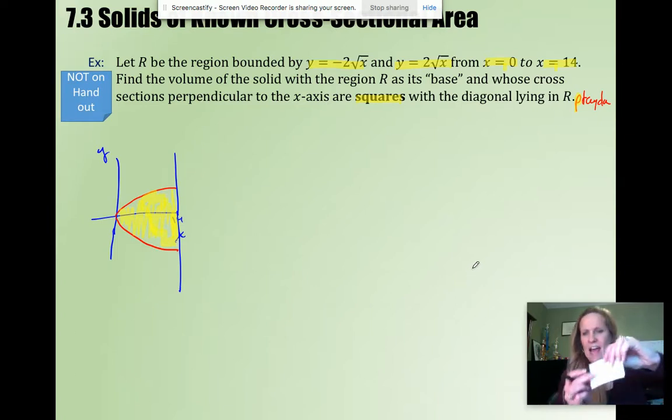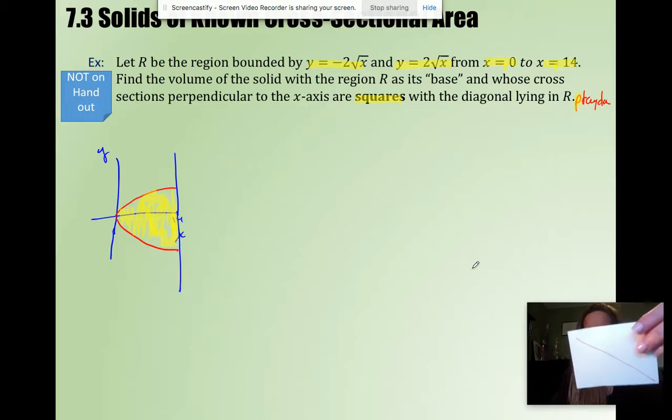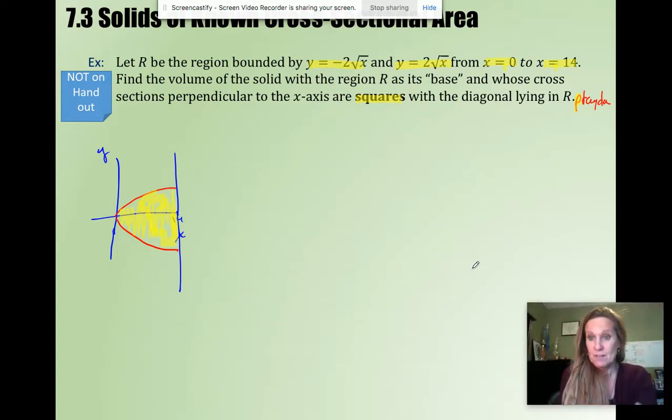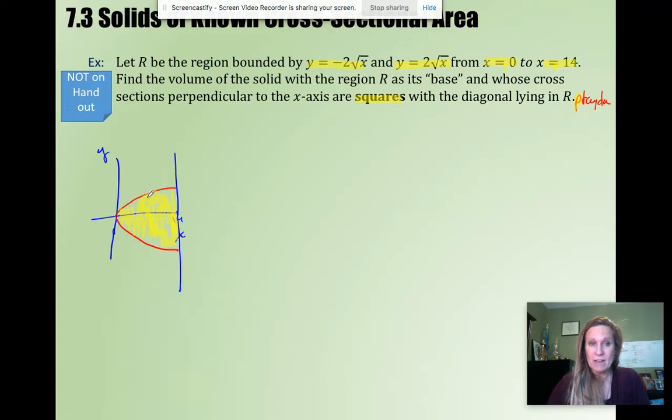So for the diagonal of the square, can you see that? The diagonal to lay in the Play-Doh, this part of the square has to go down through the Play-Doh. So the top half of the square, the top right triangle piece of the square, looks like a triangle up here.